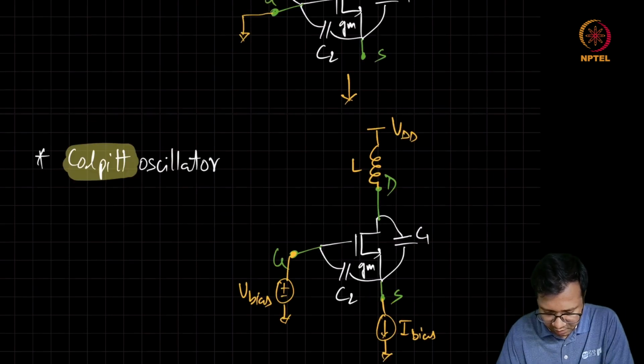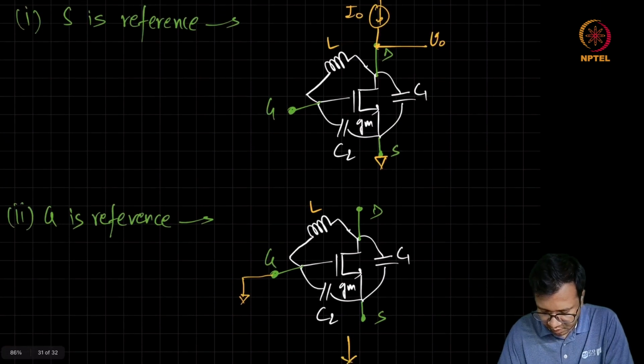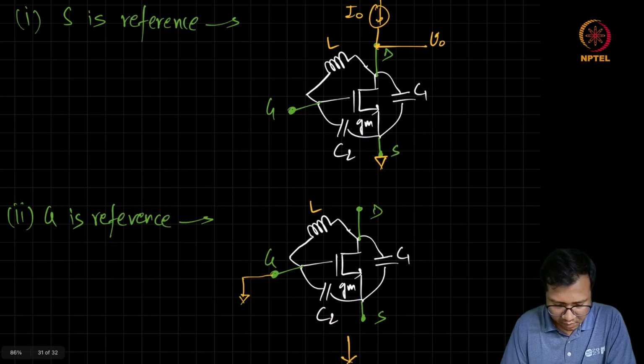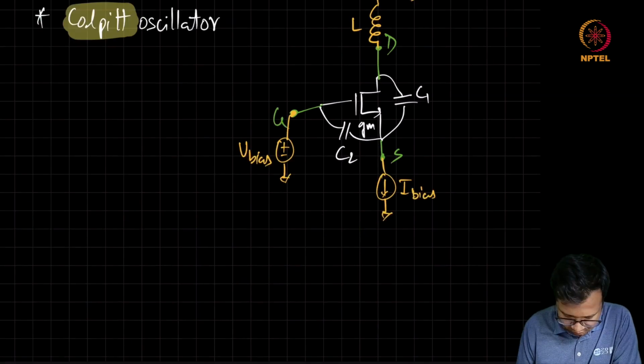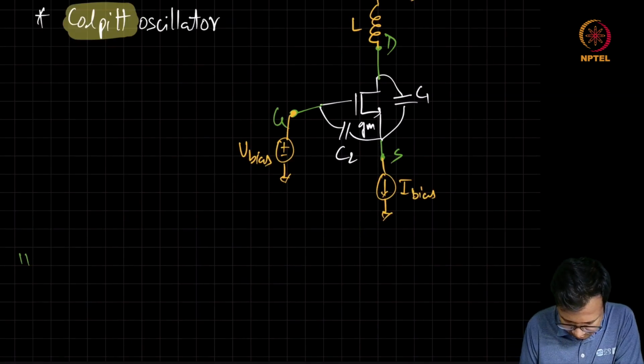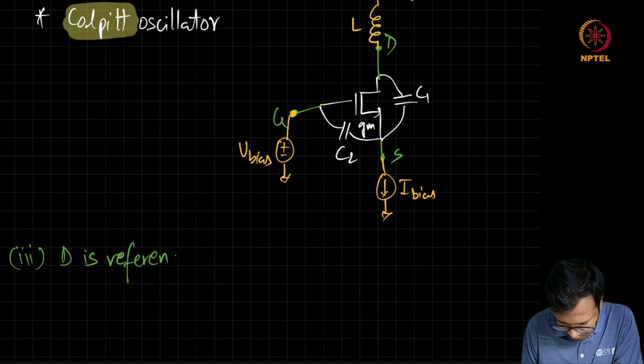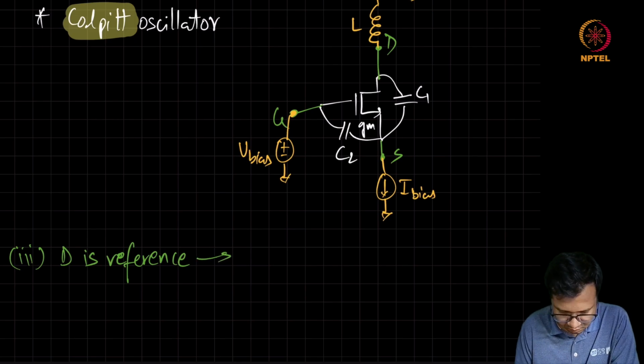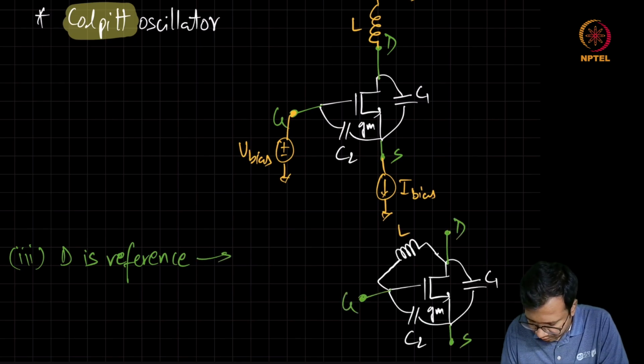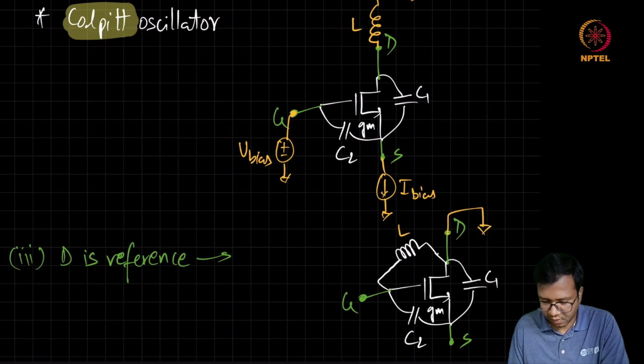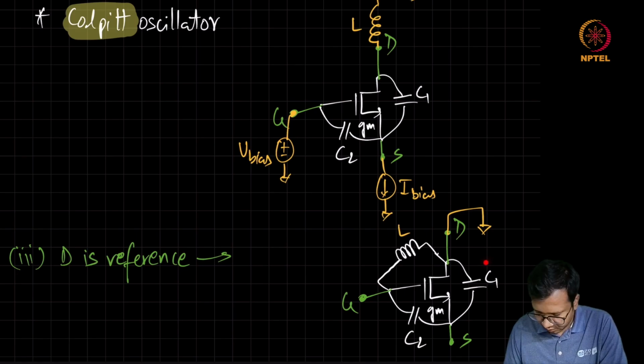Now the third configuration is when the drain is the reference node. When we choose drain to be ground or incremental ground, we can just connect the drain to the supply itself, and it will act like the incremental ground.